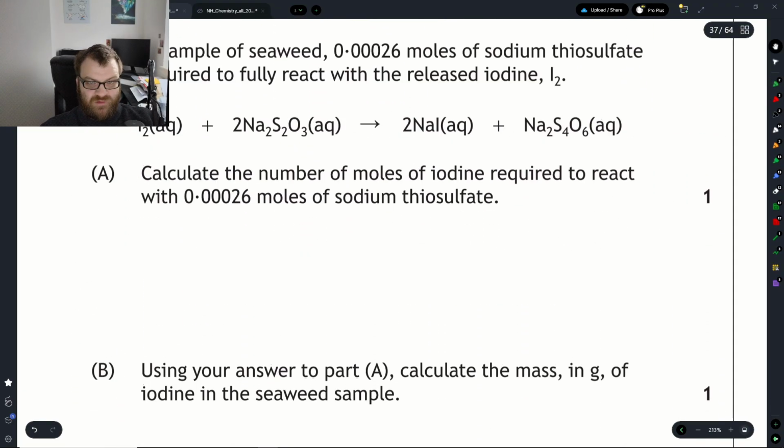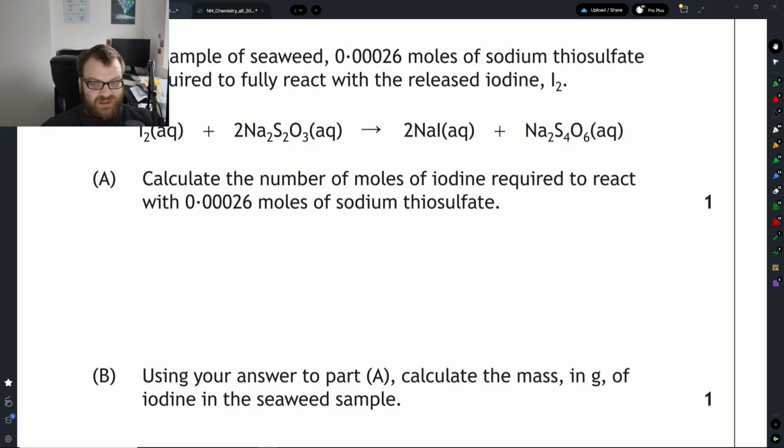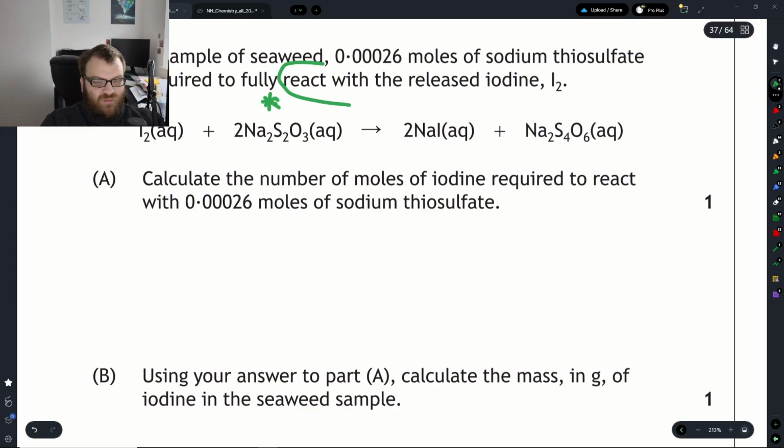Moving on, we've got a number of moles of thiosulfate. We're asked to work out the number of moles of iodine required to react with that, using the ratio. We've got thiosulfate. Part of the reason I know that is I know what the formula is, but also it says that it will react with iodine. Iodine's here, so the chemical that reacts with it has to be on here. Those are two ways of knowing that's the case.